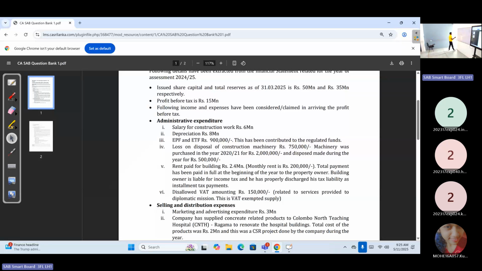It says approved fund, deductible. Allowable means we can deduct. When we arrived at the profit before tax, it was already deducted, so no adjustment again.